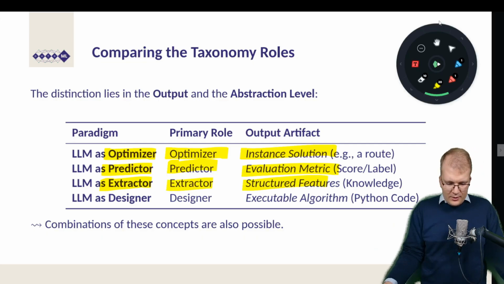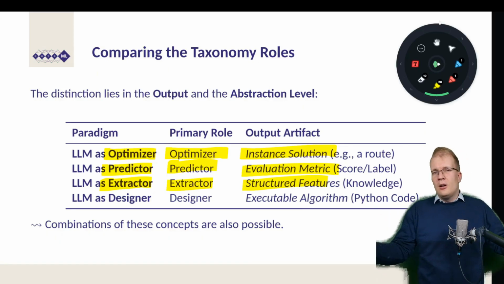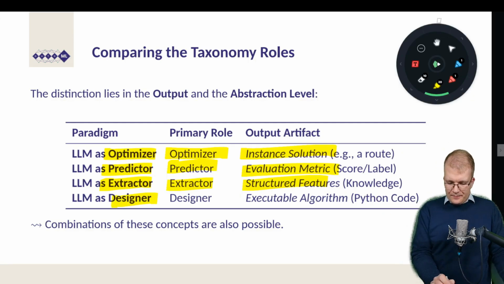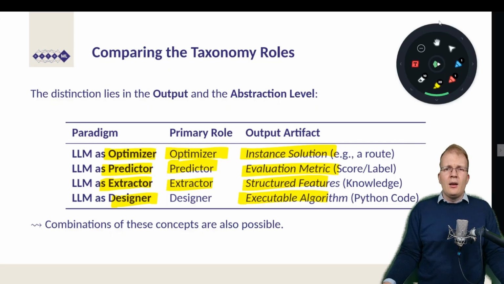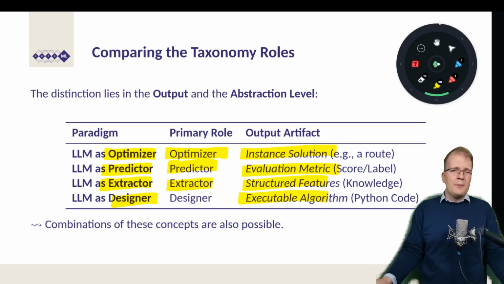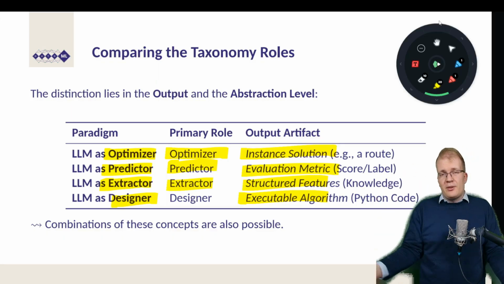where the output is structured features, so some kind of knowledge about the problem or maybe about algorithms and so on. Or the designer, where the output is the executable program, for example, a Python program, which encodes some kind of optimizer, like a Bayesian optimization algorithm. Of course, you can combine all of these in different ways.